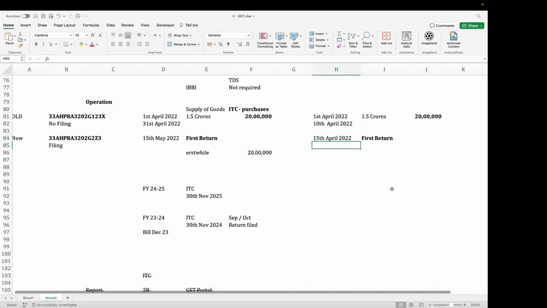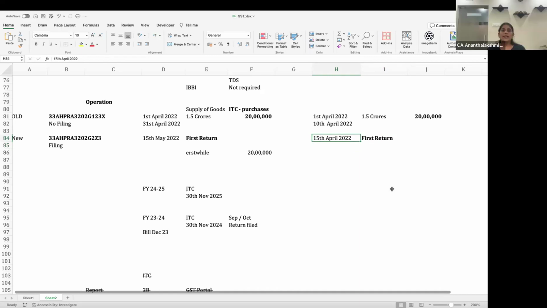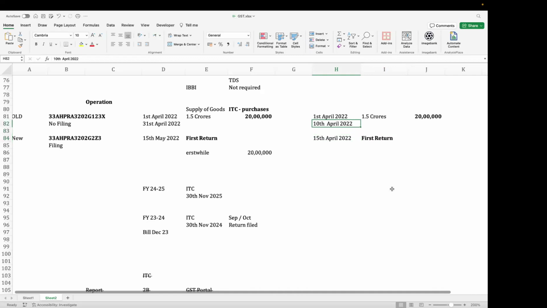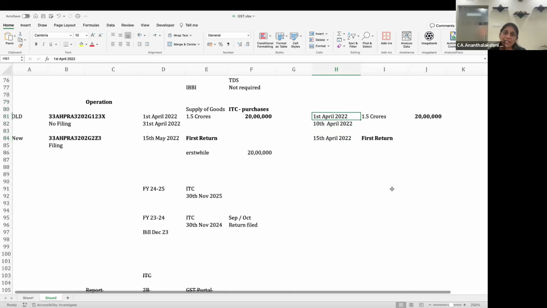And can we take the ITC which is pending in our old number? Yes, certainly, sir. Whatever ITC is there will be carried forward.